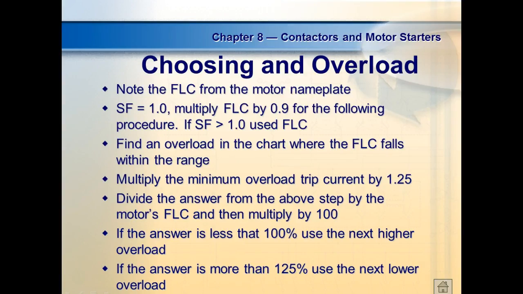So let's say, note that the full load current on the nameplate, service factor of 1, multiplied by 0.9 for the following procedure if you use full load current. Find an overload in the current where the full load current falls within the range. Multiply the minimum overload by a trip current of 1.25.